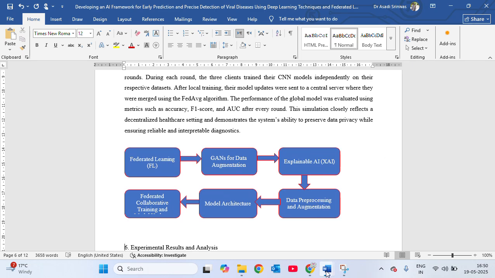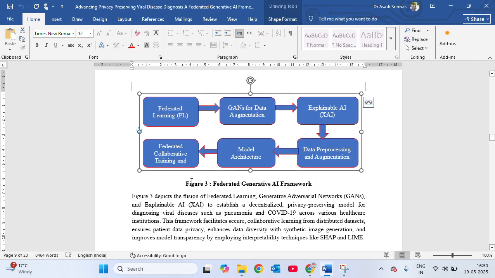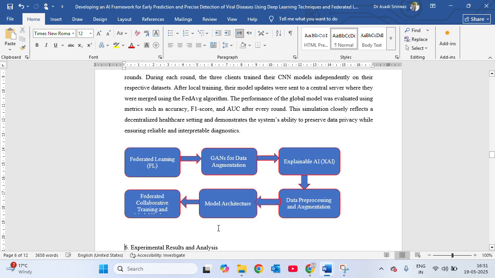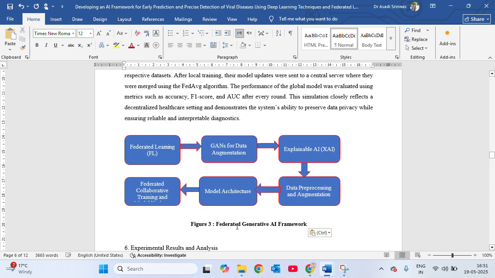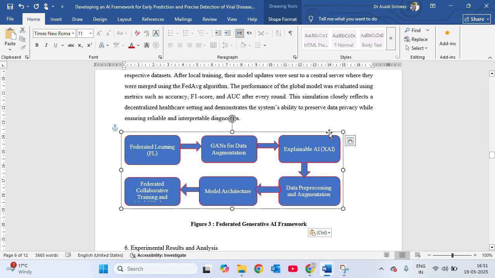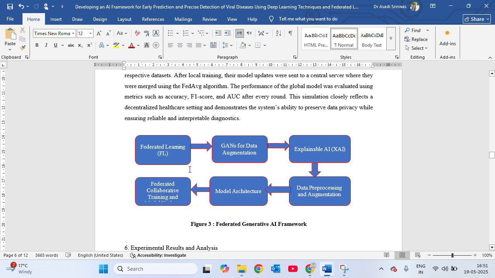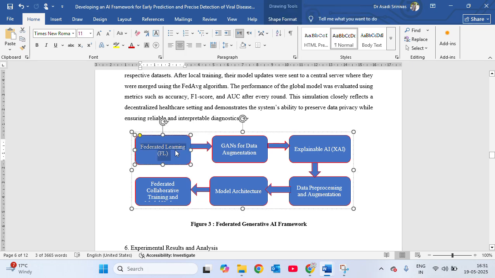Okay, now we need to remove everything. This is a figure, we will keep it as figure 1. Okay, yeah, now we need to remove this one. Control E, delete this paper, we will close it.